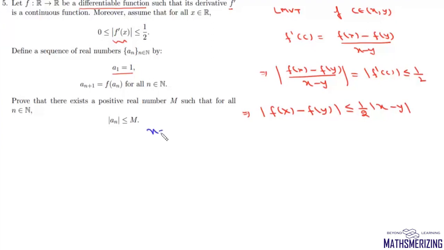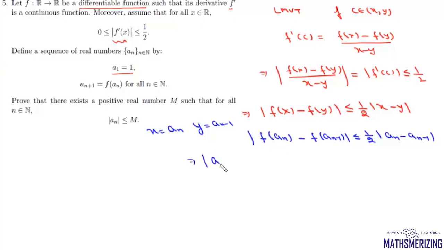Now we'll take x as a_n, y as a_(n-1), then we can write mod of f(a_n) minus f(a_(n-1)) is less than or equal to 1 by 2 mod of a_n minus a_(n-1). Now f(a_n) is a_(n+1), so we can write this as mod of a_(n+1) minus a_n, and it will always be less than or equal to 1 by 2 mod of a_n minus a_(n-1).